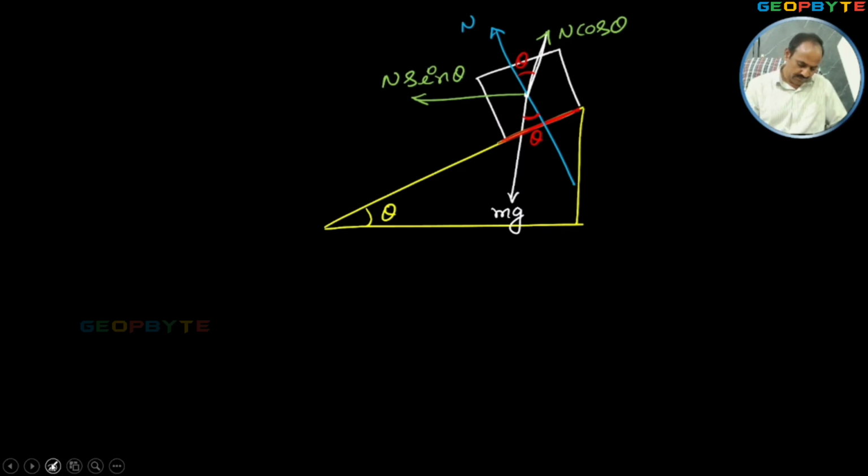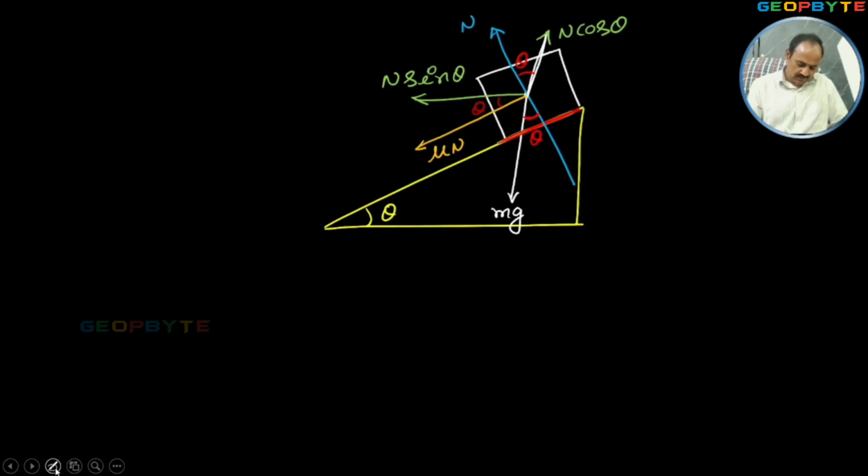Now look at the frictional force. Frictional force is always parallel to the plane. This is the frictional force direction with a magnitude mu N. That frictional force is making an angle theta with respect to horizontal.